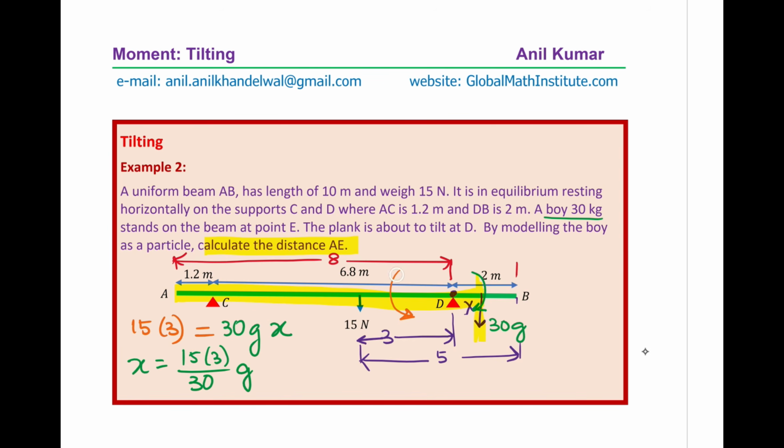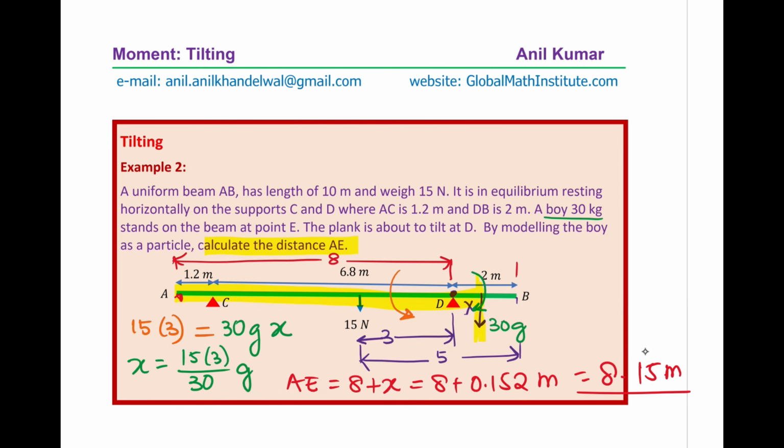You could always add them to get this idea, but 8 and 2 is 10. So the total length A to E will be equal to 8 plus x, and that is how we found our answer, which was 8 plus 0.152 meters. Is that clear to you? Or you can say 8.152 meters is the distance from A of the boy standing. Is that clear to you?